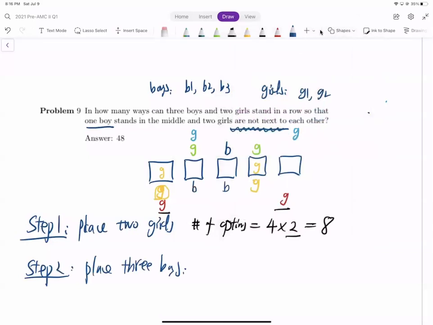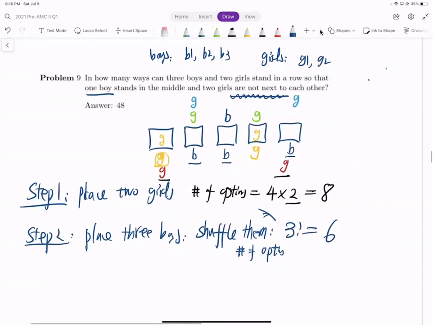You have boy, boy, boy, and then you just shuffle them. That's just a permutation. It's 3 factorial, which is 6.